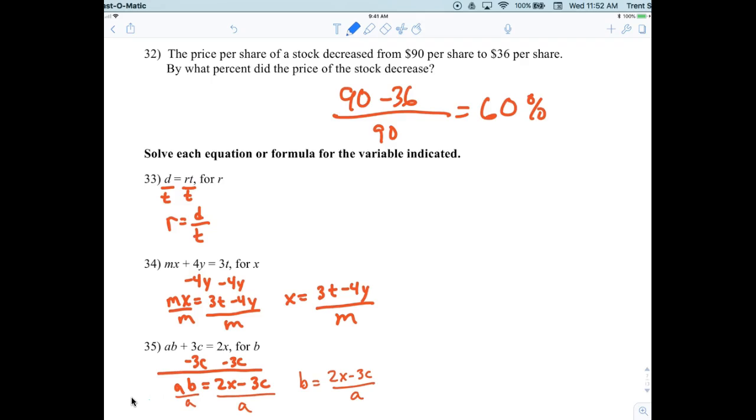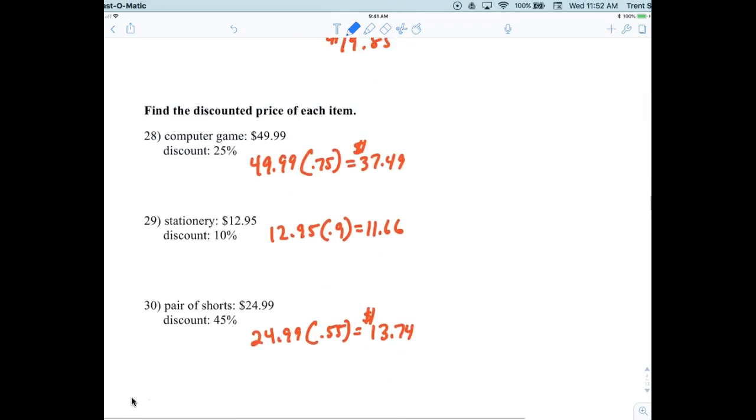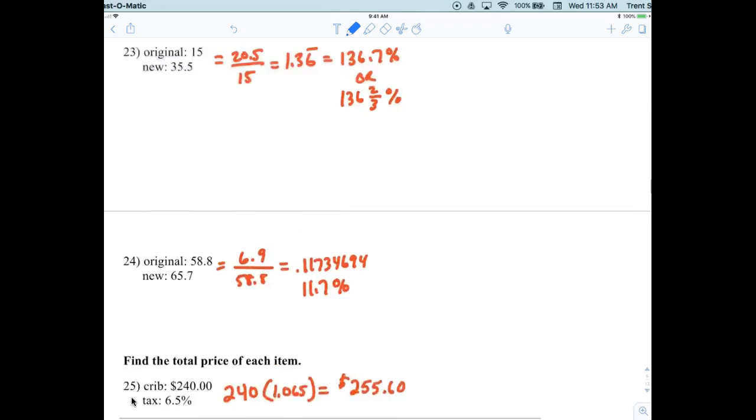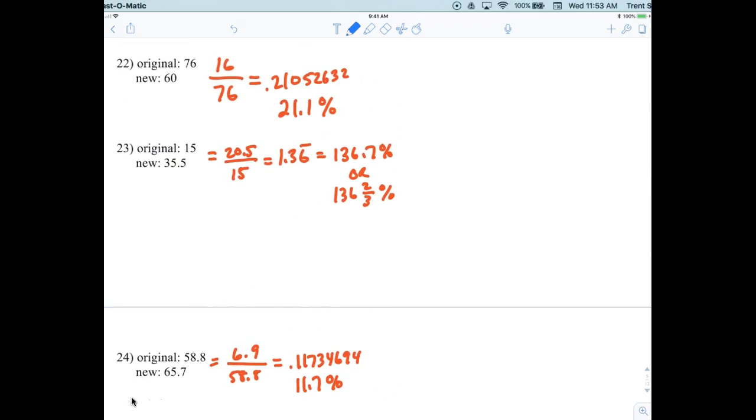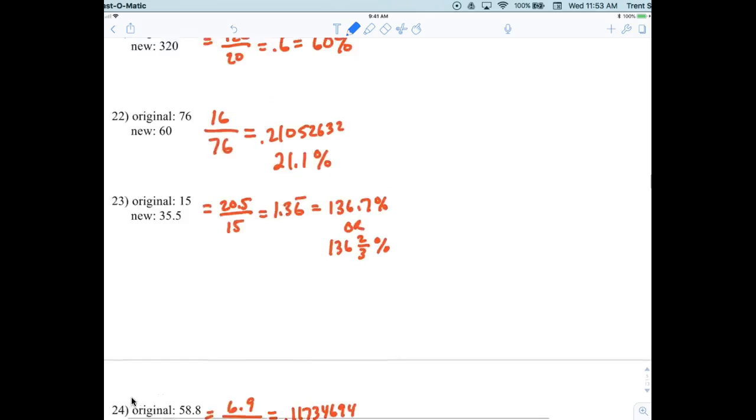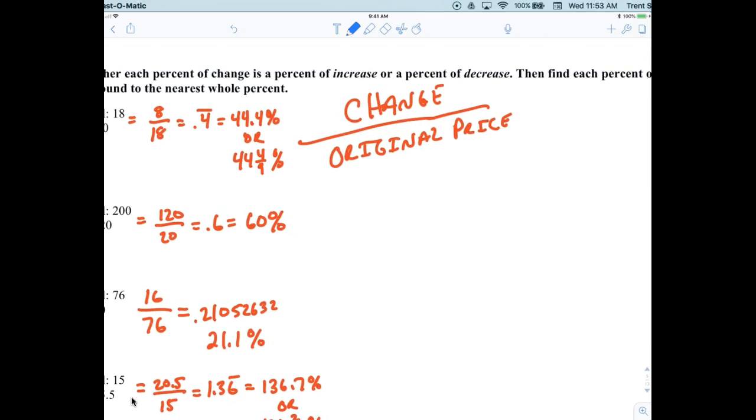Is it the 1.06? No. Flip back to which numbers are percent of increase or decrease. It's the original and then the new. So what is the formula? Original is the bottom, and then the new one is the top. Now you see why I get frustrated. Change over original. You can write that down.